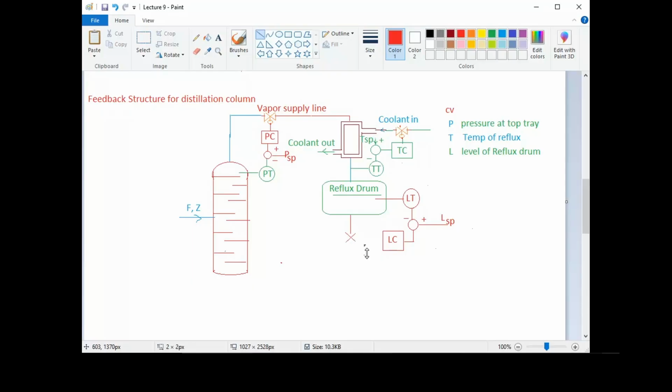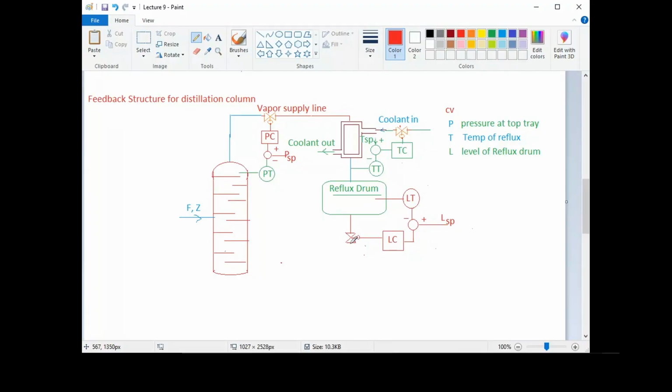So controller gives a control signal to the valve. And this valve will increase or decrease the opening so that the liquid level inside this reflux drum can be maintained. So this was our third variable.